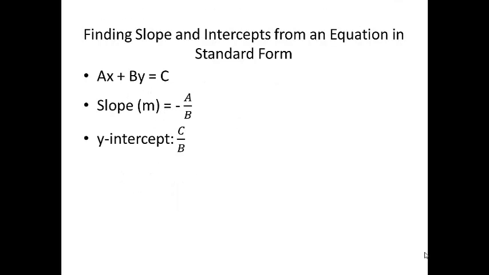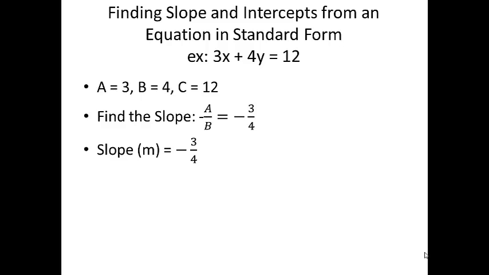You can find the slope and intercepts of an equation written in standard form. You can find the slope, or m, by finding the opposite of A over B. The y-intercept can be found by taking C over B. Let's look at an example: 3x plus 4y equals 12.